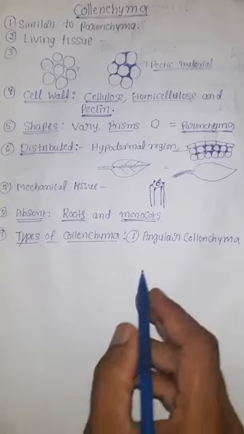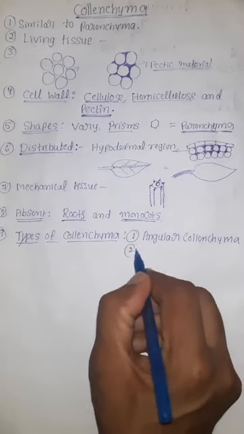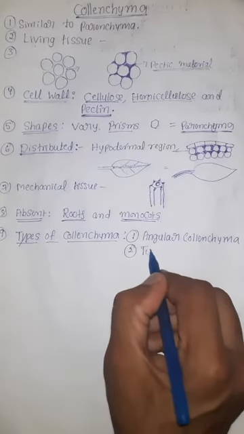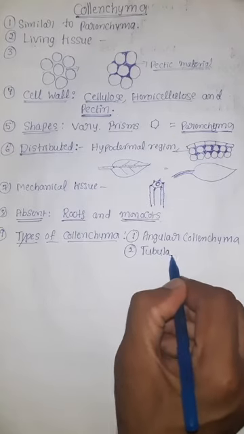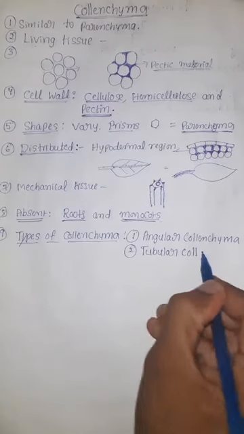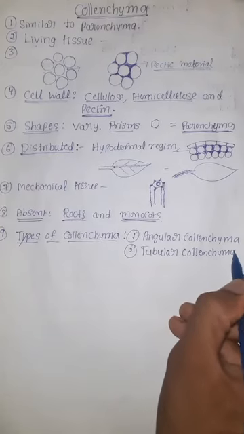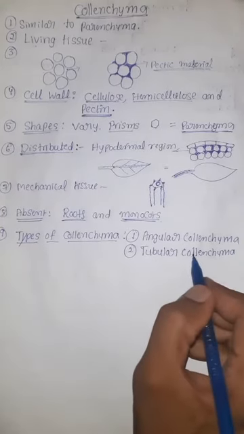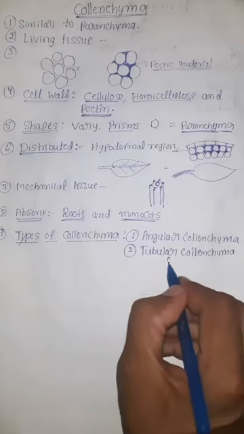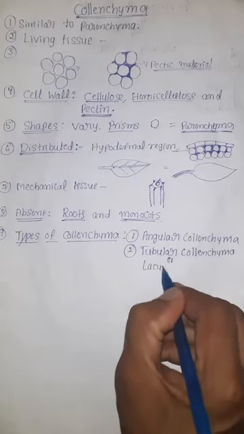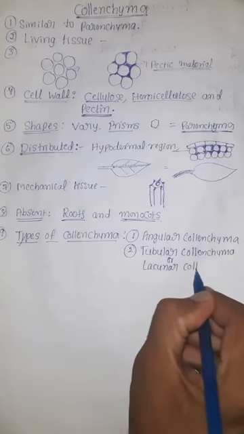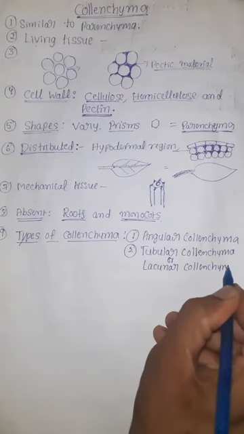The second one is tubular collenchyma, also known as lacunar collenchyma.